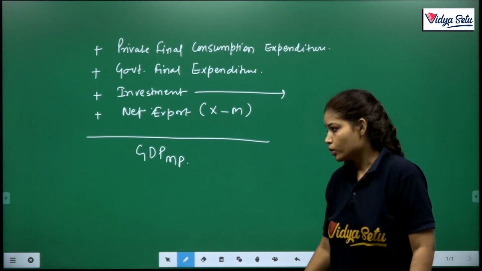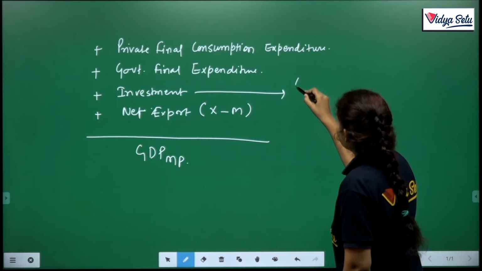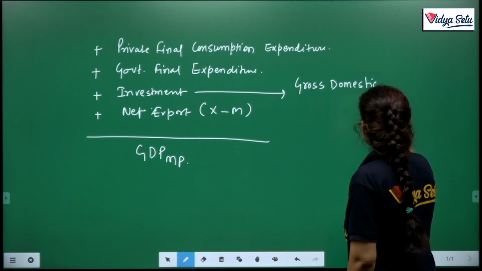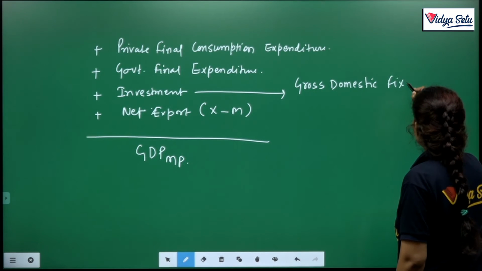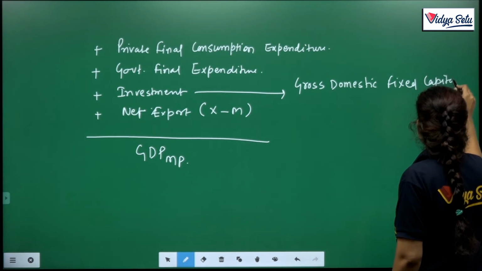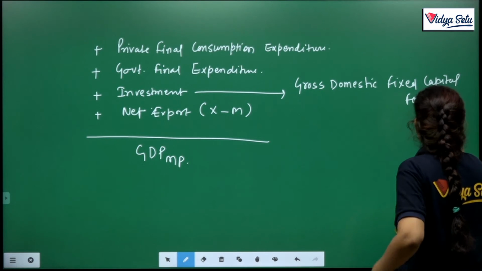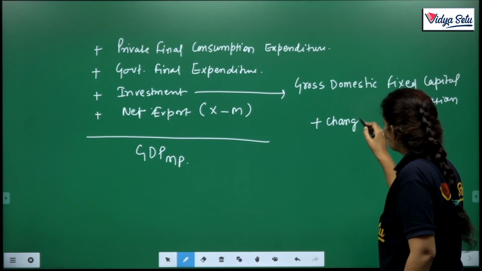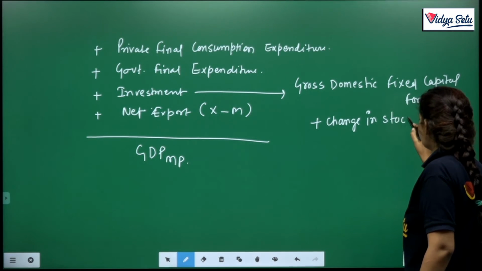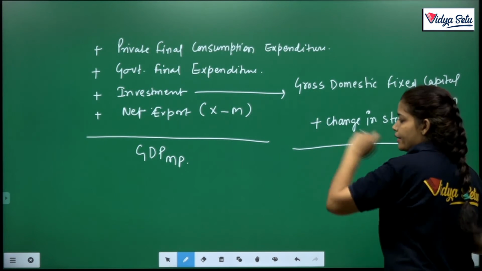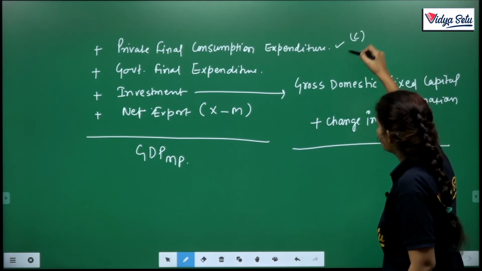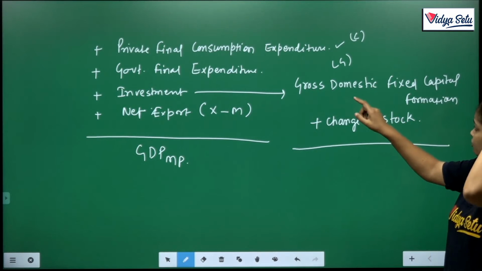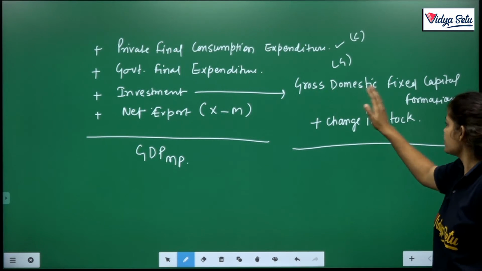Please listen carefully. Okay. So if there is the word gross domestic fixed capital formation plus change in stock, then you receive I. Otherwise this one is C, this one is G, this one is I, but you need to read the question carefully for gross domestic fixed capital formation.